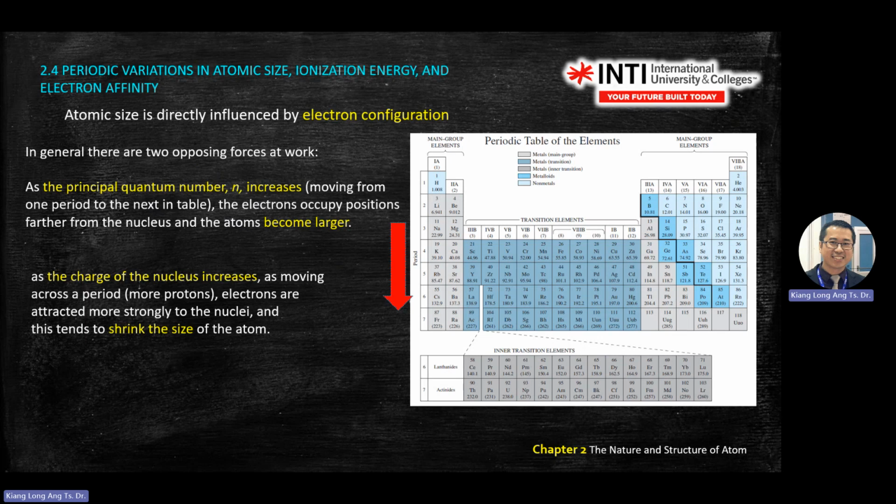The positive charge will pull electrons nearer to the center. So here there's a statement: as the nuclear charge increases, it becomes stronger and stronger, and it tends to shrink the size of the atoms. You try to pull the electrons together.